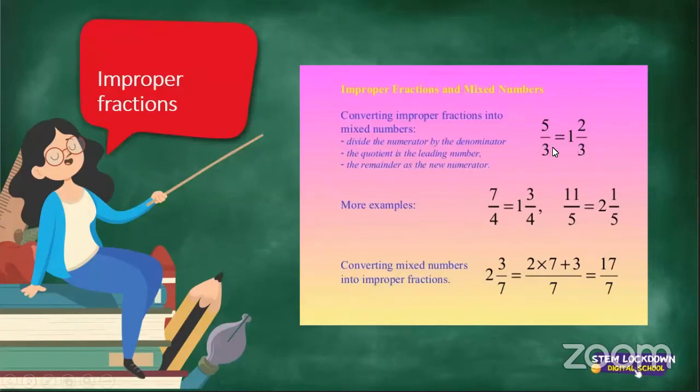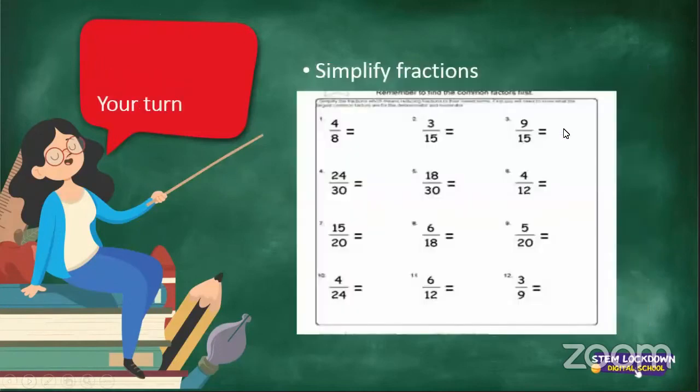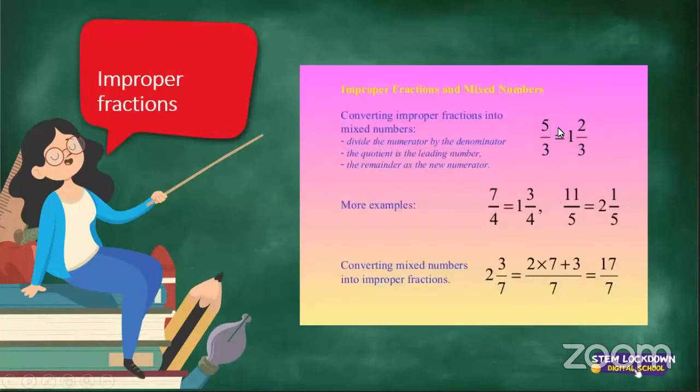How many times does 3 go into 5? It goes 1, so you write your 1 there as a whole number. And what is the remainder? It is 2. You write it as your numerator and you keep the 3 as the denominator.